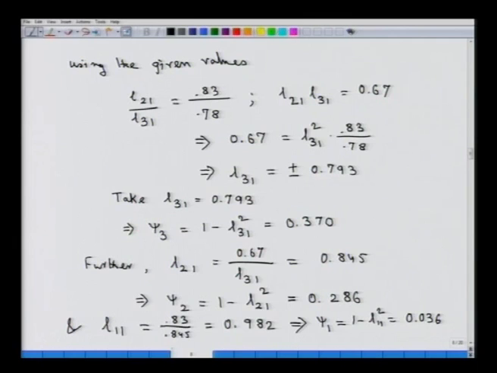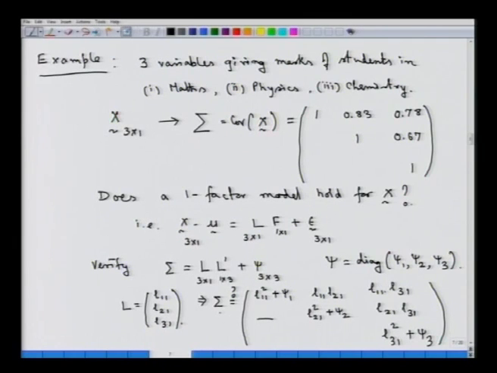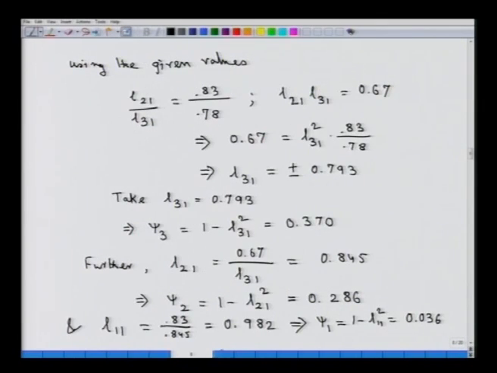So, after solving this particular equation, that sigma is equal to LL dash plus psi, by equating these 9 values here, let us summarize what we have obtained. So, the solution: this is L, which is 3 by 1, as we have seen, one common factor containing these as the factor loadings, which are 0.982, 0.845, and 0.793.